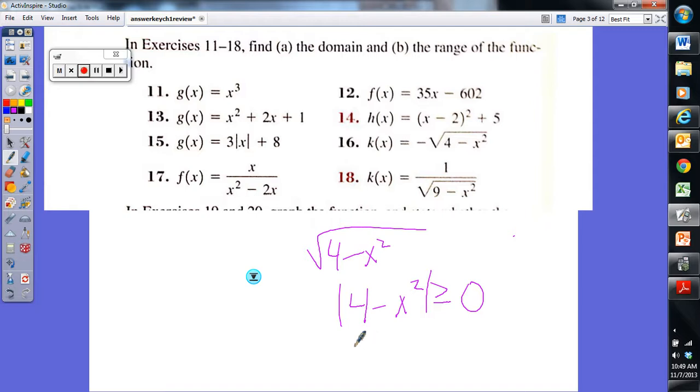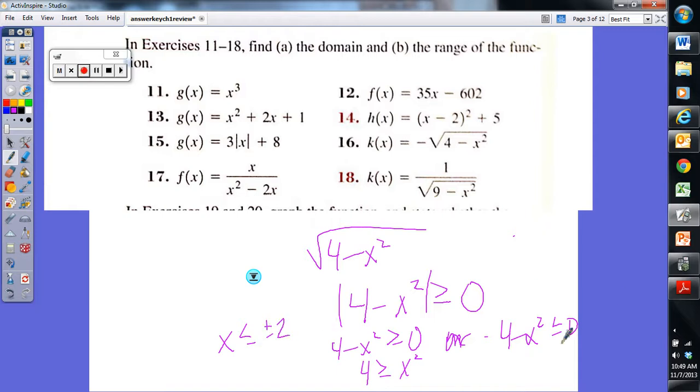So I know that either 4 minus x squared is greater than or equal to 0, or 4 minus x squared is less than or equal to negative 0, which is also 0. So when I solve this, I get 4 is greater than or equal to x squared, so x is less than or equal to plus or minus 2.